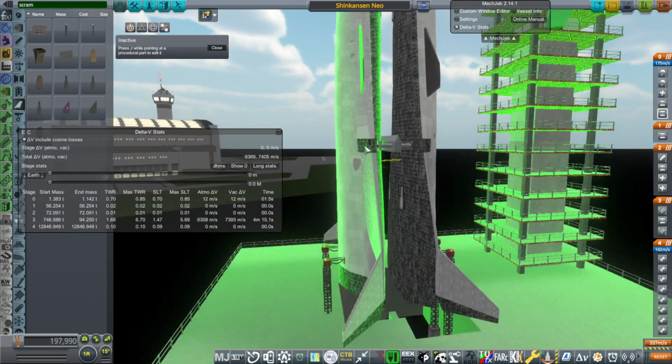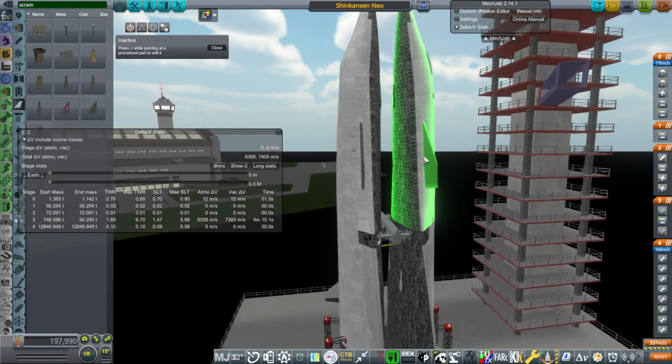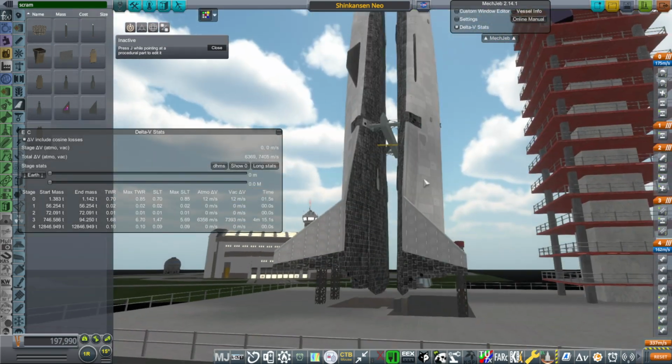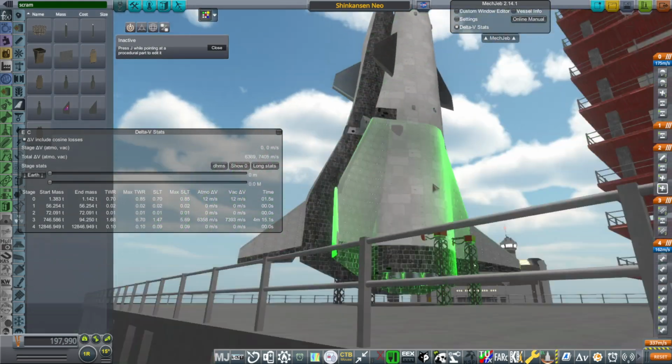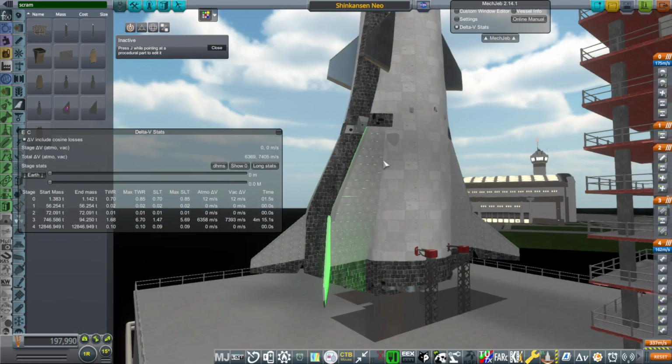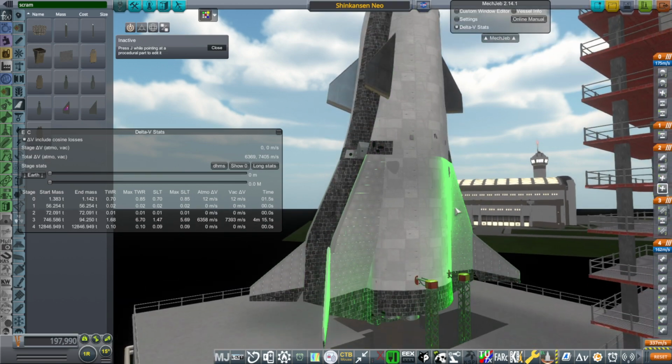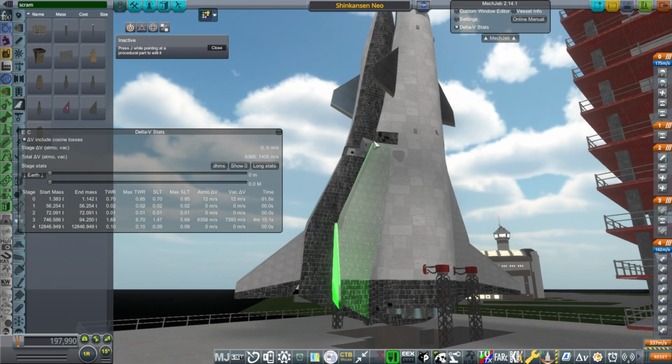And the RCS is placed here and not in the nose. The original Shinkansen had the RCS in the nose, but then I realized that the nose is way too far in front compared to the center of mass, which is back here somewhere because all the tankage is here. So it's better to have the RCS evenly split around that center of mass.